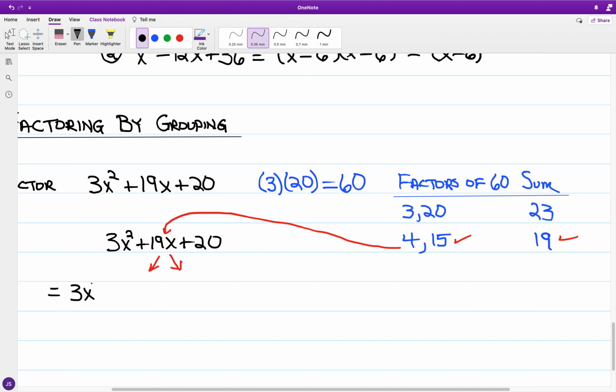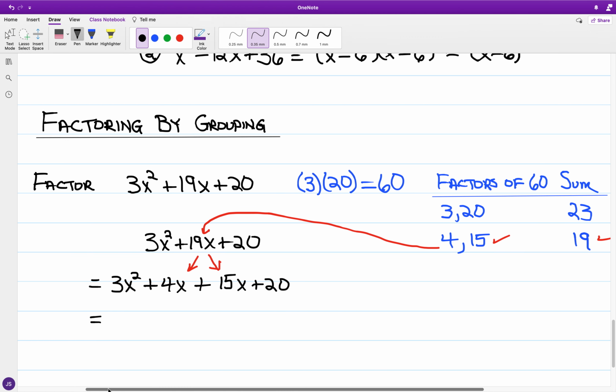So in the rewrite, we have 3x squared, and we could have either 15x or 4x at the front. Just looking at what we have here, the next stage is where the grouping is going to come in.